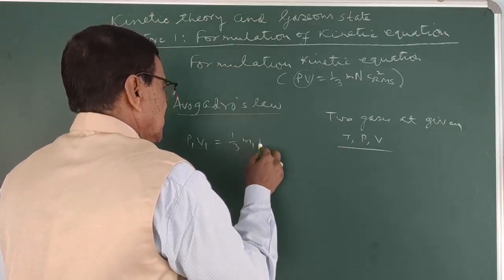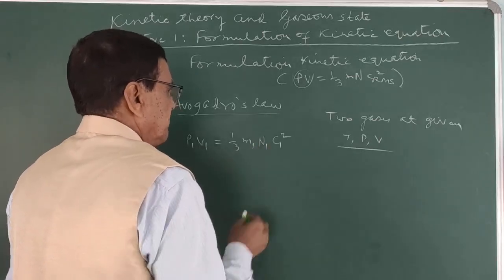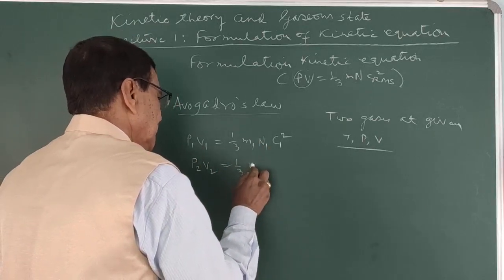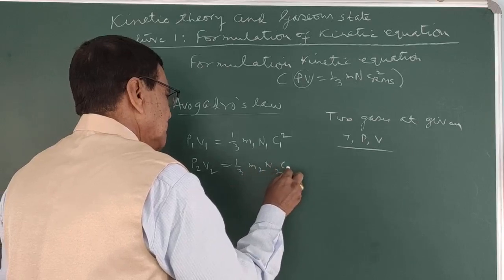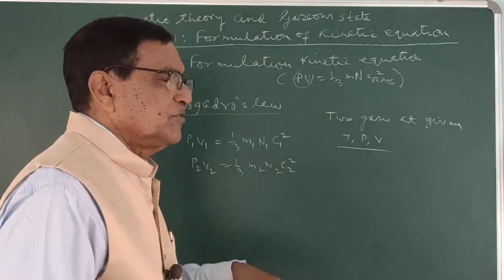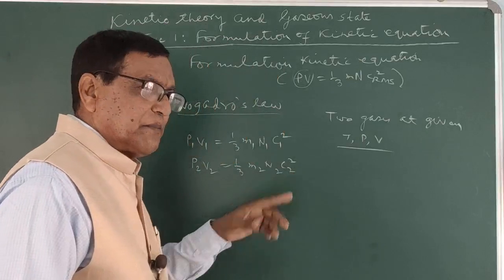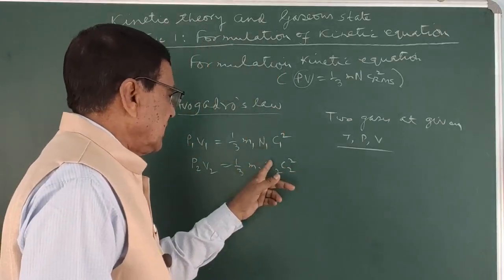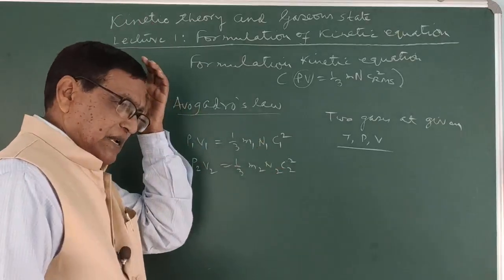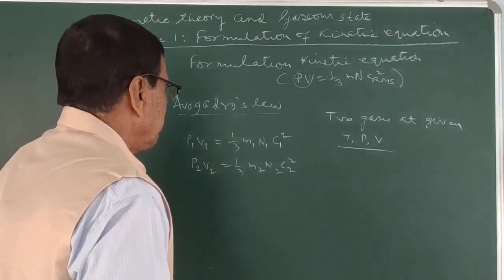And for the second gas, P2 V2 equal to 1/3 m2 N2 C2 square. C1 is the RMS speed of the first type molecules, C2 is the RMS speed of the second type, and N2 and N1 are the numbers of molecules present.